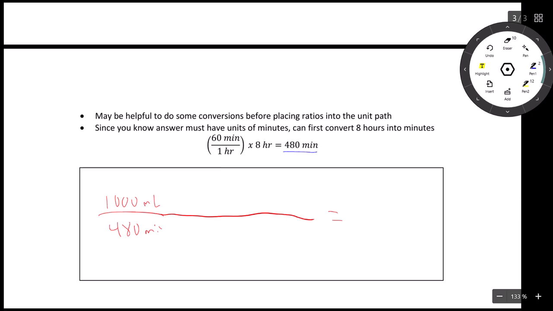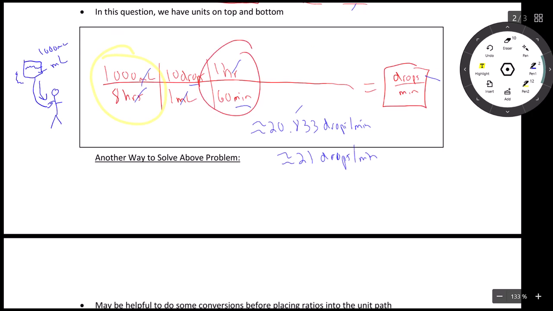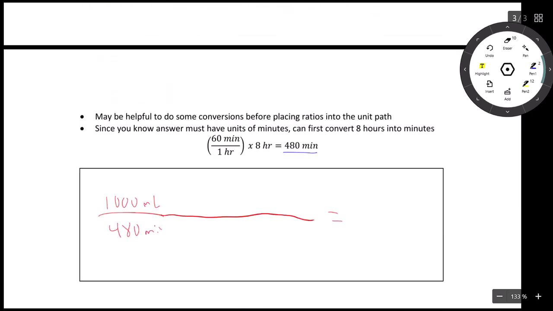The only difference is that I'm avoiding some of the math over here. If you find it easier to substitute things before you place them on the unit path, go ahead and do that. And then here you would just have your 10 drops per 1 ml, so that the mLs cancel out and you're left with your drops per minute, which is the answer that we want. We get the same exact answer.